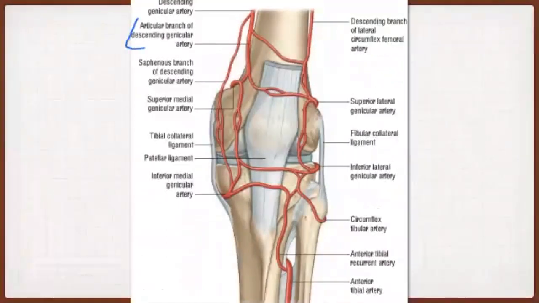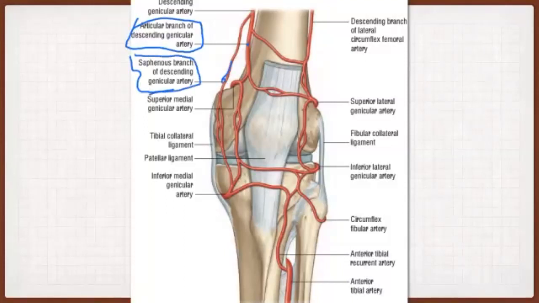You see, this is the articular branch of the descending genicular artery, and this is the saphenous branch of the descending genicular artery, forming anastomosis around the knee joint with the superior lateral genicular artery.